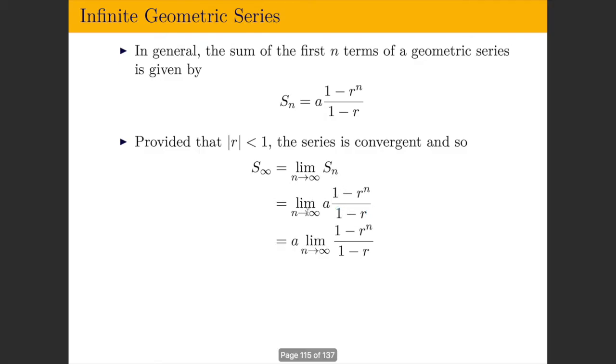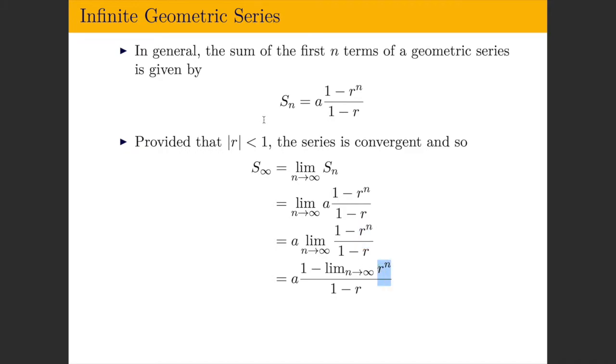So firstly, the a definitely doesn't depend on n, and so using our limit laws we can bring the a out the front. Then we can put the limit in the numerator at the top: the limit as n tends to infinity of r to the n, again because the limit does not influence the denominator, nor the 1, it only influences the r to the n.